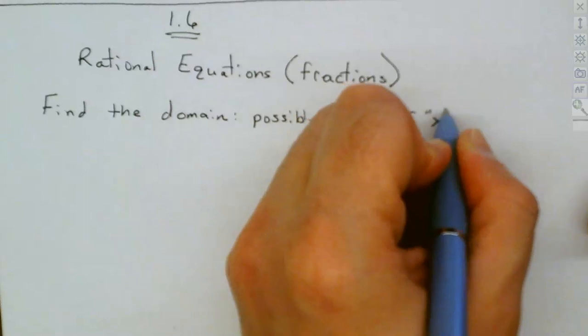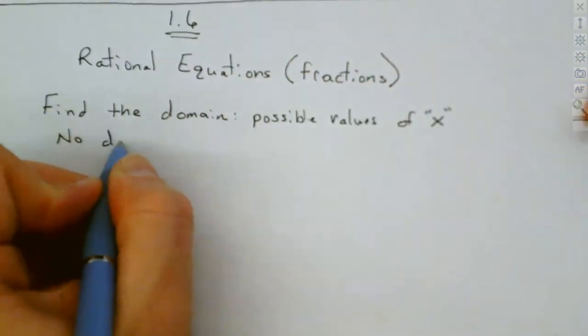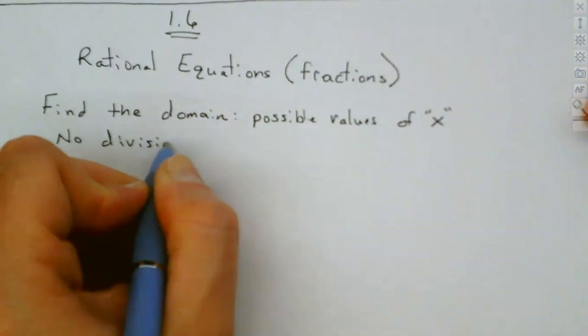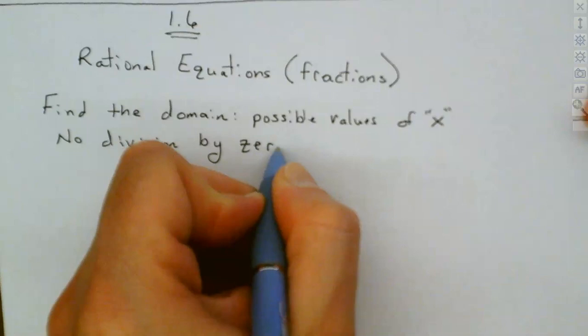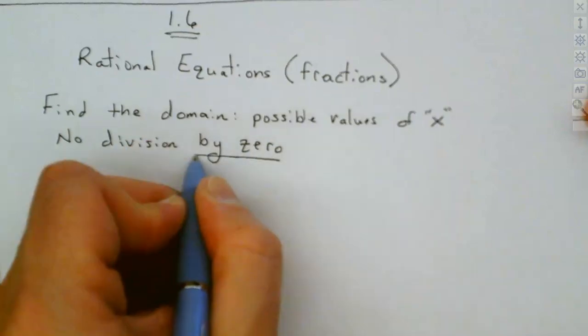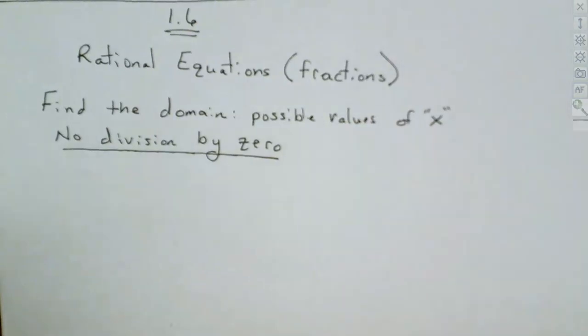And that means no division by 0. We cannot have division by 0 because that is undefined, and we can't have that.